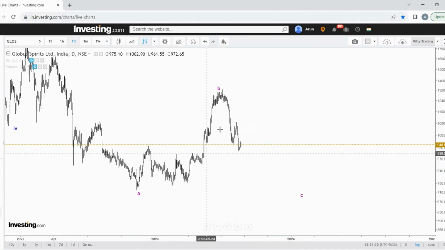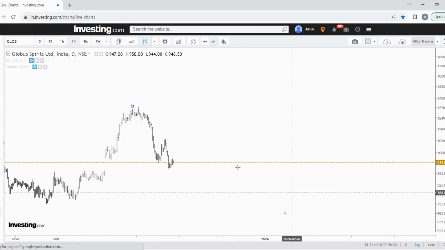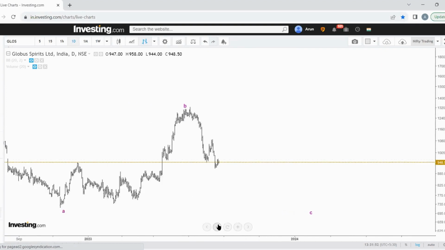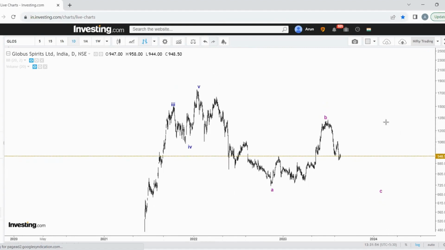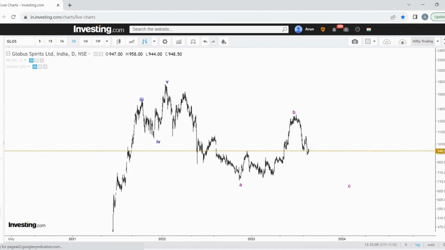Okay, the C wave reached 2.382% of wave A. And now, if you count from this top, 1, 2, 3, 4, 5. So we may have ended the wave 1 now, and we may retrace wave 2 and wave 3. So this is the expectation now. So let's see how the price moves.